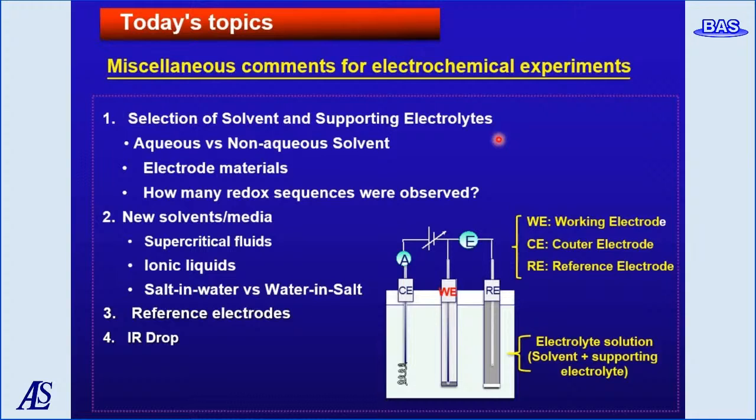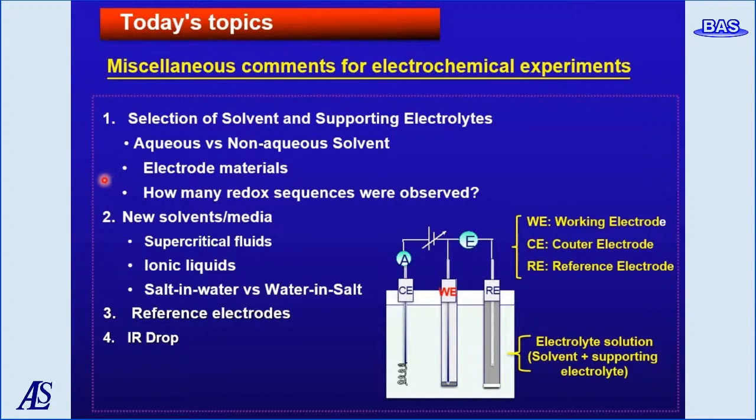Once you select the solvent, next, supporting electrolyte. In aqueous solution, pH also becomes important. By choosing these conditions carefully, we can get nice results, and sometimes access a successful electron transfer chain.